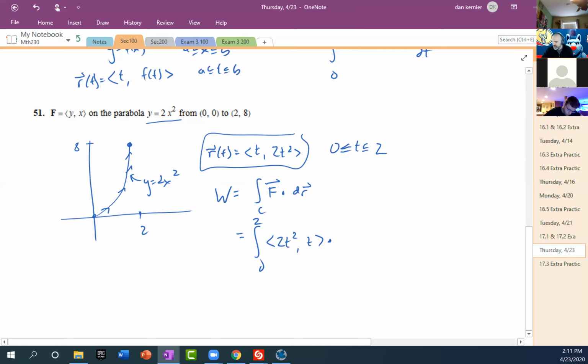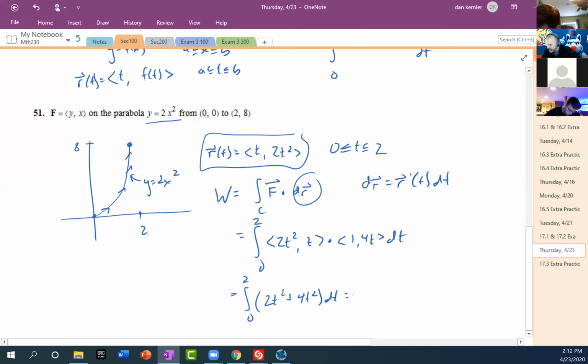Then the dot product with dr, which is r prime of t dt, so that will be 1 and 4t dt. Then we do the dot product and we get a nice polynomial. Even better, it's just a monomial: the integral from 0 to 2 of 6t squared dt. I'm sure everybody can do that.